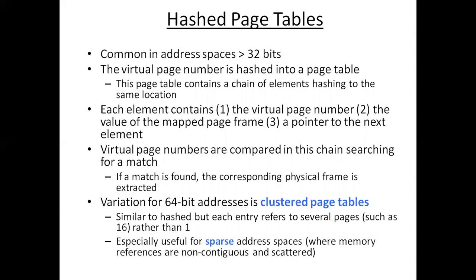Let's say page numbers of different processes are hashed onto that particular location. Each element consists of the virtual page number, the value of the mapped page frame, and the pointer to the next element. Virtual page numbers are compared in this chain, searching for a match. If a match is found, the corresponding physical frame is extracted.